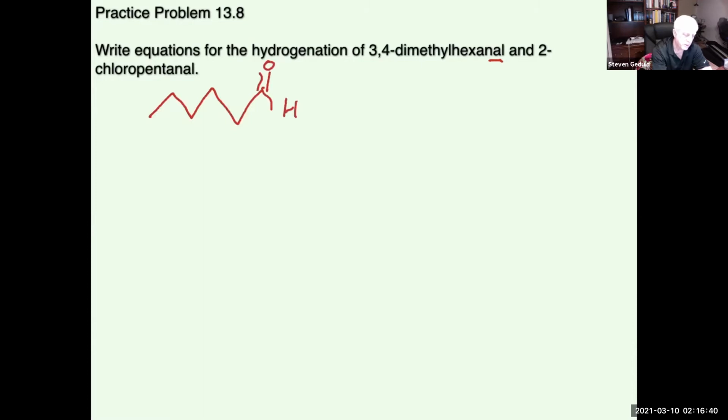So 3,4-dimethylhexanal plus hydrogen is going to go to 6 carbons again. On this one we're going to have our OH, and then our carbons 1, 2, 3, 4, dimethyl, using line diagrams. And that's what we produce.